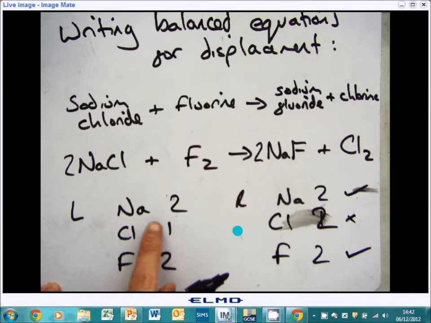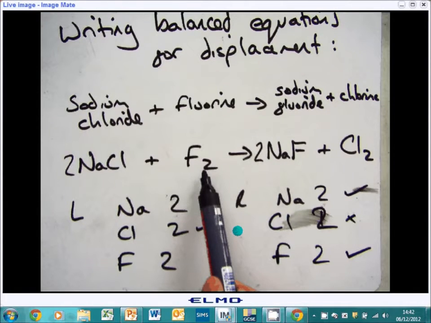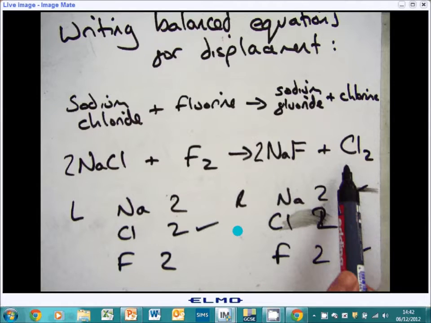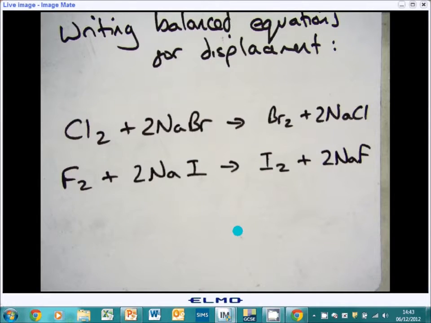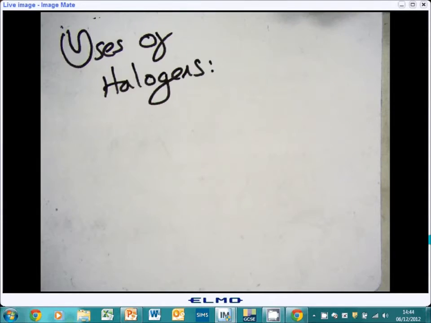We have 2 sodiums, which is balanced. And we have 2 chlorines, which is balanced. So my balanced simple equation is 2 NaCl plus F2 goes to 2 NaF plus Cl2. This pattern continues for every single displacement reaction.